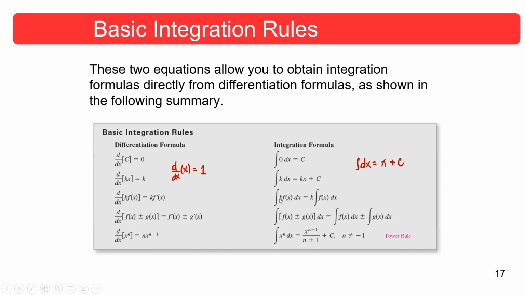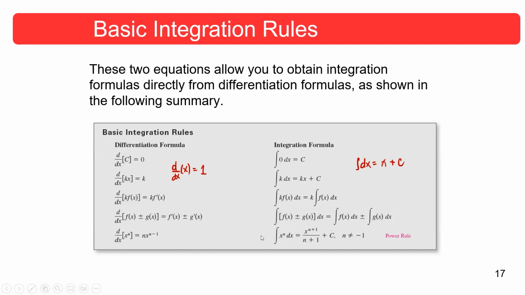The integral of k times f of x dx is bring out the k and then just write that as the integral of f of x dx. Next, if you have a sum or difference and then you're integrating them, you can basically get the individual integrals and then add or subtract them.